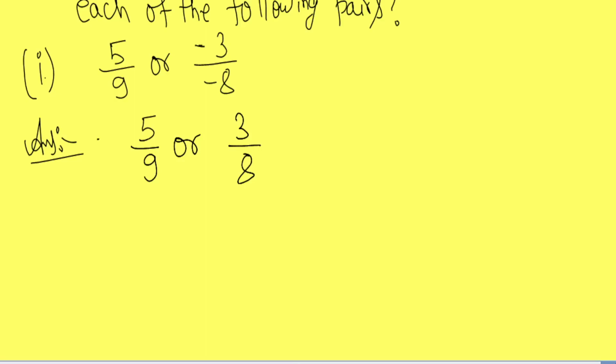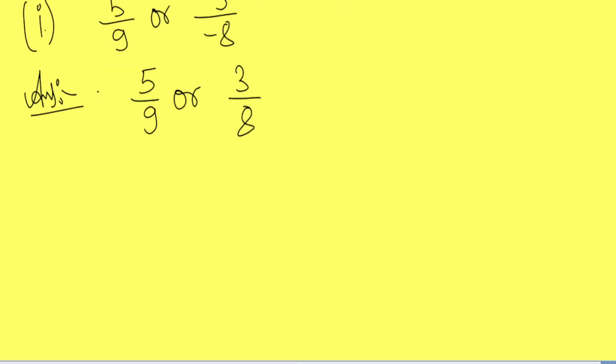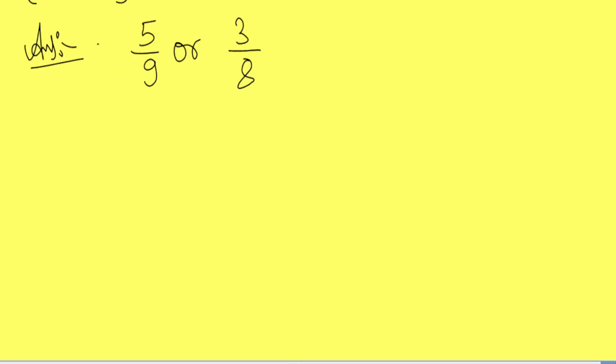Okay, now the next step is we have to make the denominator of both numbers the same so that we can compare. In order to do that, we will take the LCM of denominators 9 and 8.